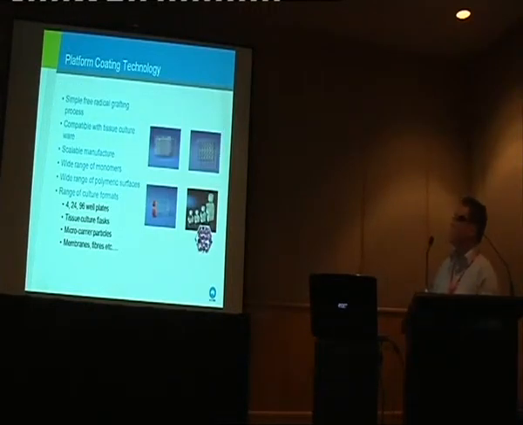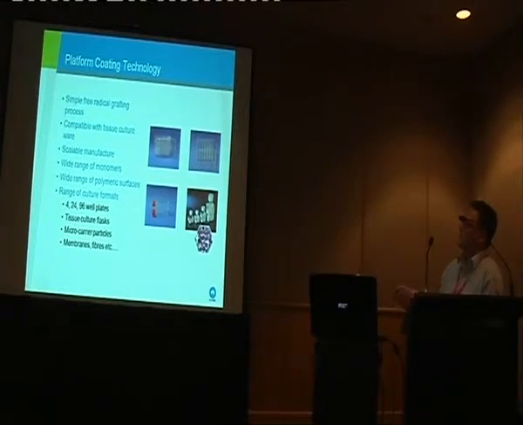What I'm going to describe to you today is essentially a simple free radical grafting process. It's a polymerization, compatible with tissue culture, with scalable manufacture. We can use a wide range of monomers, a wide range of polymeric surfaces and a wide range of culture formats.